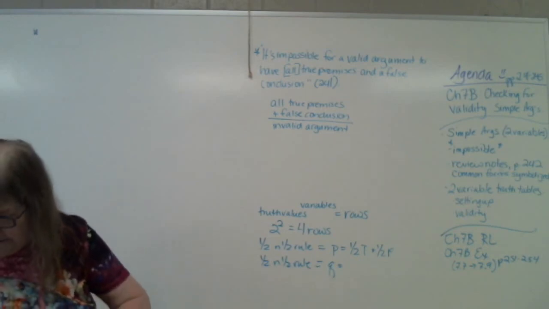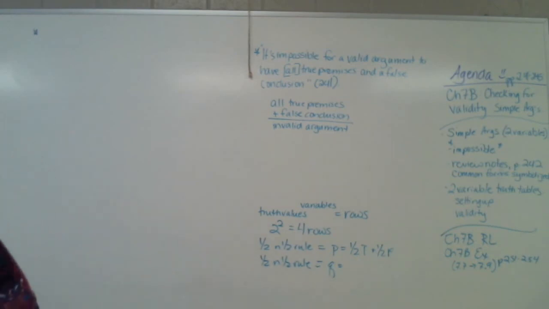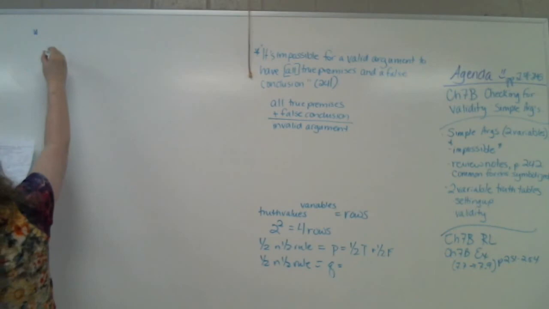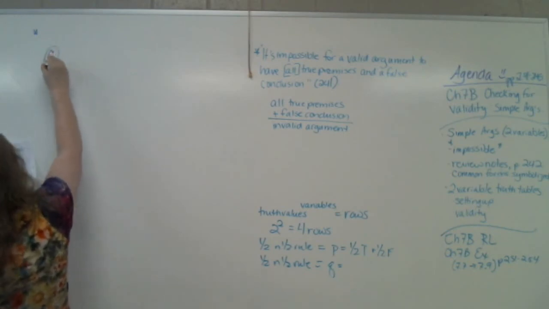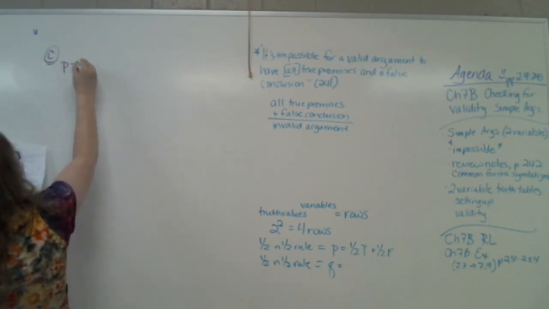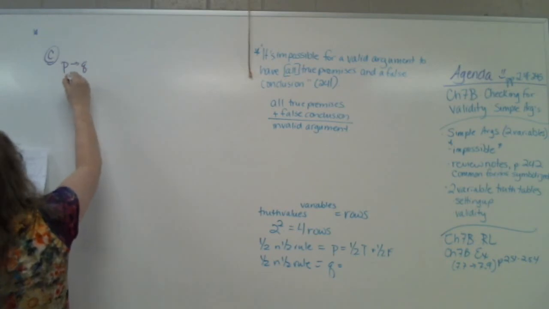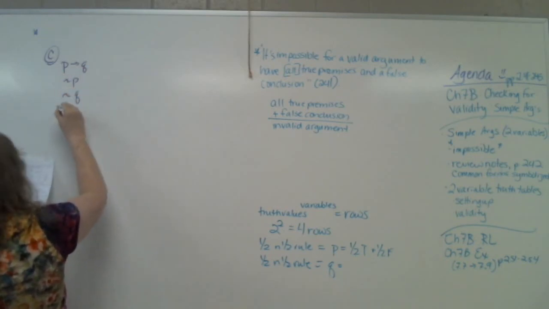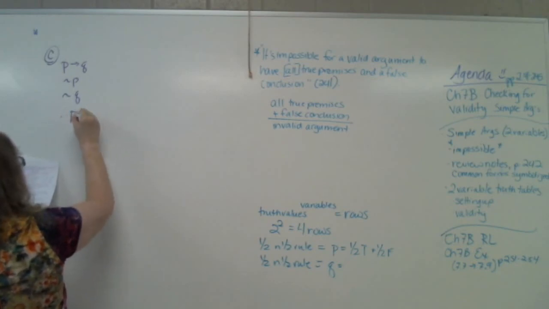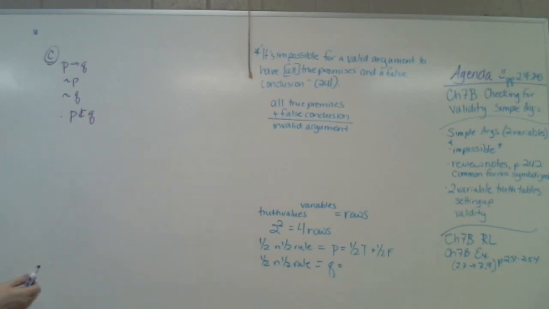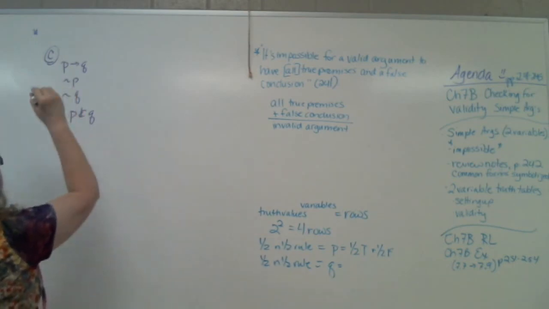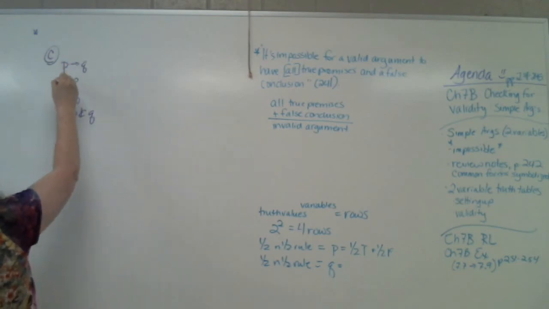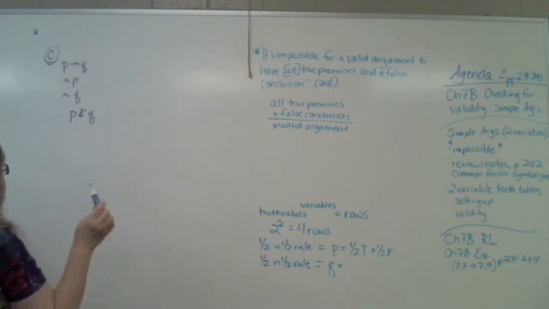That'll be fun, huh? Okay, my last argument, this is going to be argument C if you have questions. If P, then Q. Not P, not Q. Therefore, P and Q. That's my argument. I have one symbol in each row, so I don't need extra on my guide.